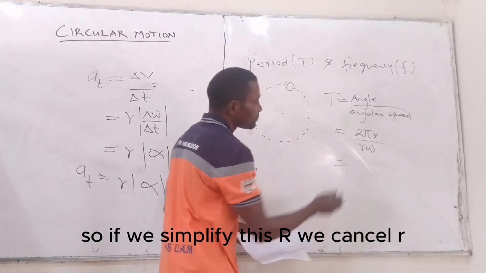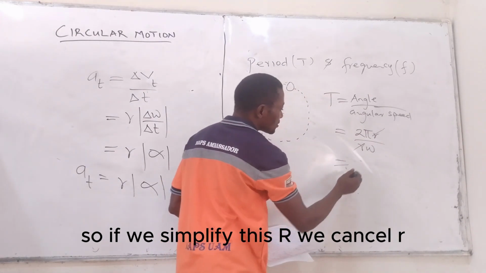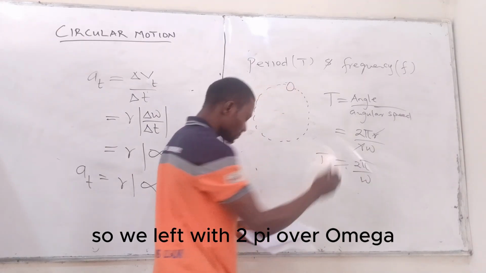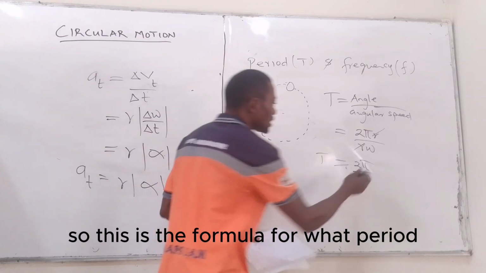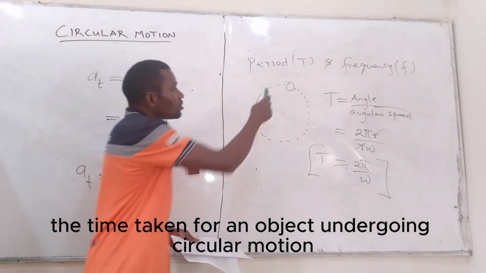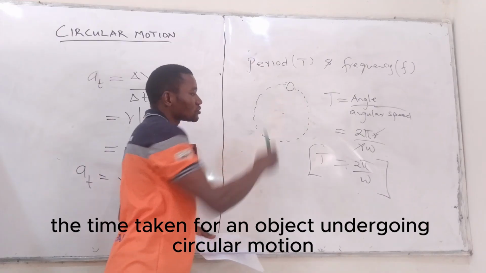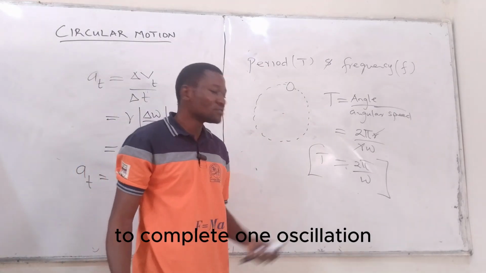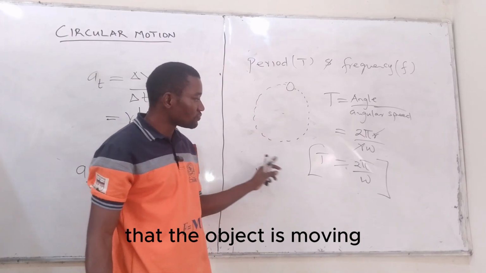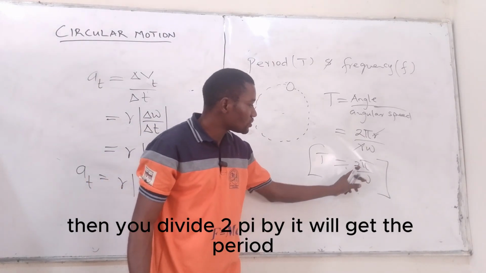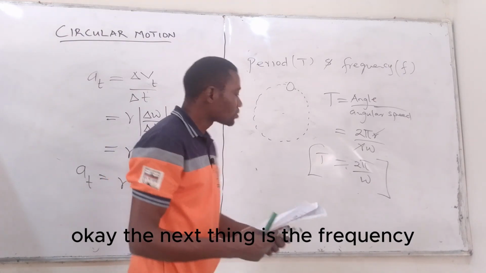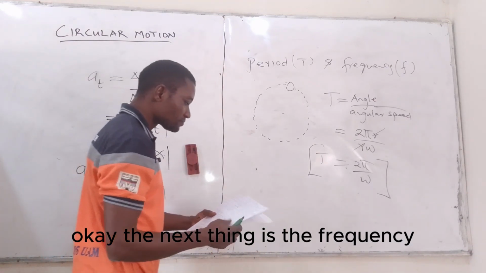So if we simplify this, we cancel r, and we'll be left with 2 pi over omega. So this is the formula for period, the time taken for an object undergoing circular motion to complete one oscillation. So if we know the angular frequency that the object is moving with, then we divide 2 pi by it, and we'll get the period.